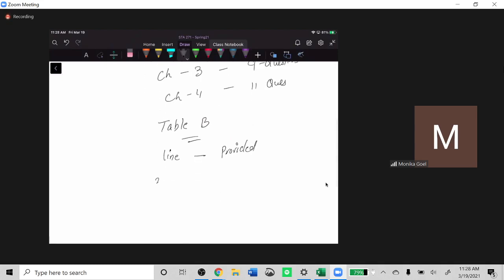And you can use a 2-sided 3 by 5 inches index card if you want to write your formulas. There are a lot of formulas in chapter 4. So if you want to write it down and that helps you during the test, you can do that. And again, it's closed book and closed notes.